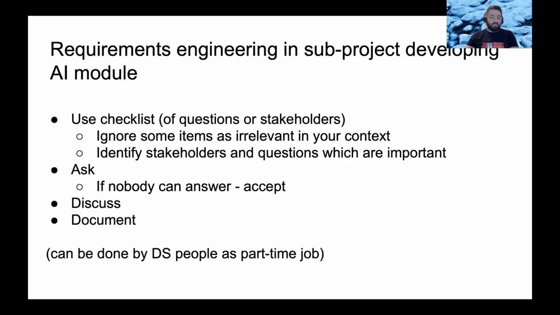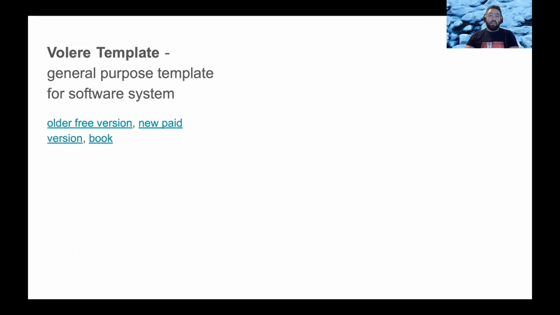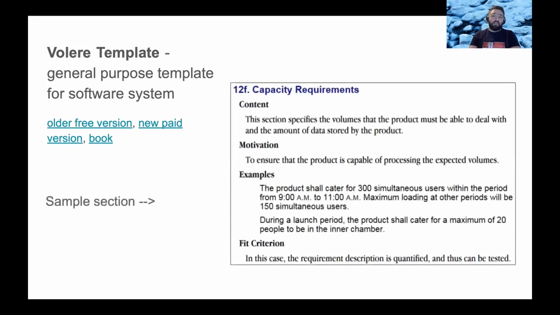So let's start with checklists. I recommend you take a look at three of them. The first is a requirement specification template called Volere, created for any kind of software, not necessarily ML related. The template has many sections, one for each requirement category. Each section looks like this.